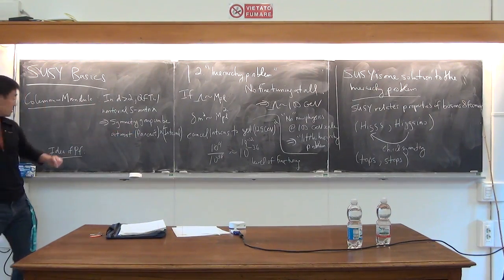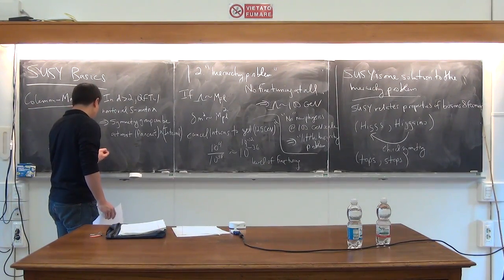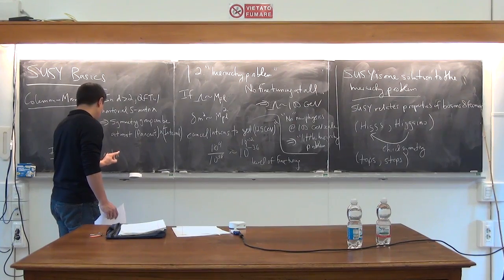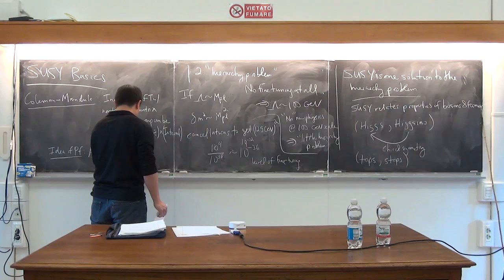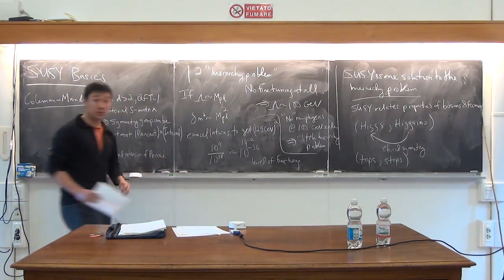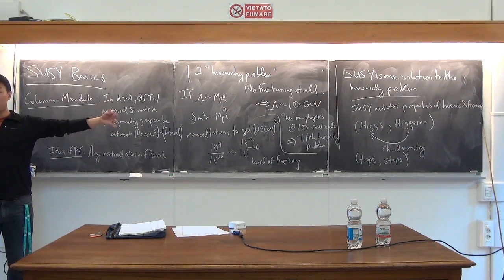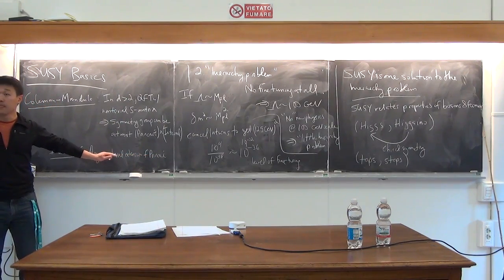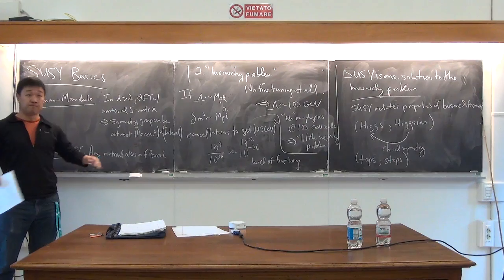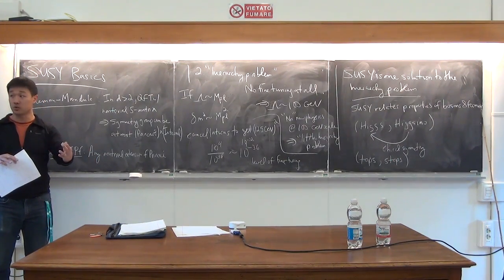So any non-trivial extension of Poincare would lead to your S matrix having to transform under these new symmetries, and that would imply so many restrictions on the S matrix.